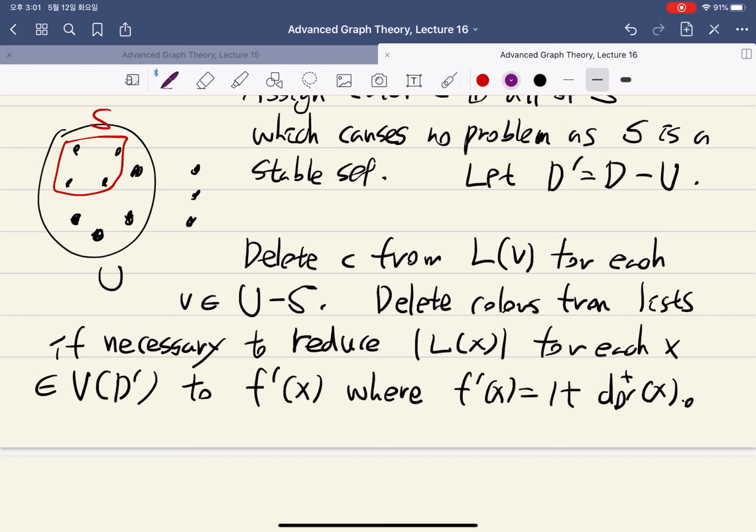So meaning that this vertex could have an out neighbor here, right? Then even if this doesn't contain any color in each list, say it has a, b, a prime, then you might just want to delete one color so that we can artificially make its new list have size exactly this much.